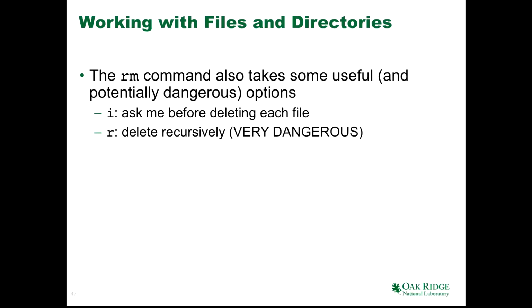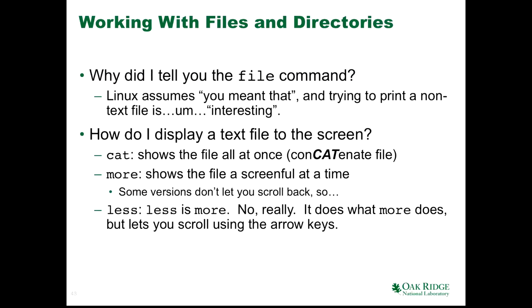The -R option says to delete recursively. This is one that can be really dangerous because you're telling it delete this directory and everything under this directory. If you remember the discussion of relative and absolute paths, if you have a slash in the wrong place, or if you accidentally leave the directory you want to delete with a slash, you can delete a lot more than you intended to. Trust me, I've done it.